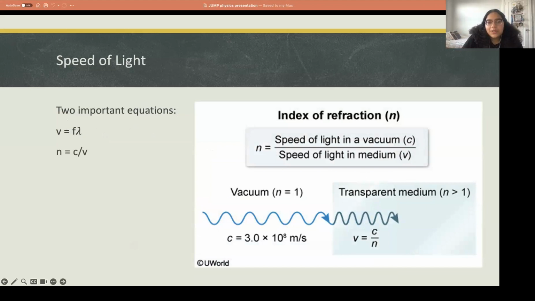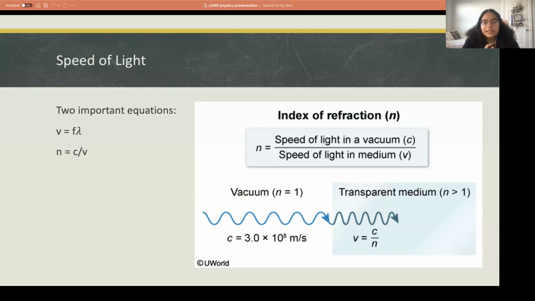Velocity is fixed based on other things, and then frequency and wavelength change to adjust. For light, all of those go at 3 times 10 to the 8 meters per second. So if something has a higher frequency, it will have a lower wavelength, or vice versa; either way, f times lambda will equal that speed. That's why frequency and wavelength have an inverse relationship. One goes up, the other goes down.